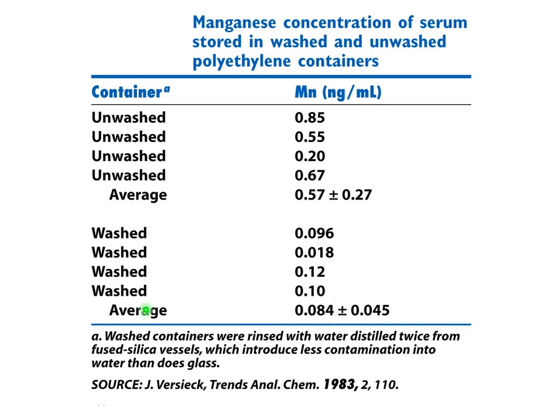If it was clean before, you have something like less than 0.1, a less than 6 times smaller number, with much smaller standard deviation. So all the manganese was from contamination. You actually measured nothing in the unwashed container.